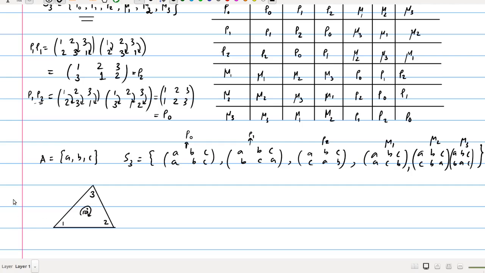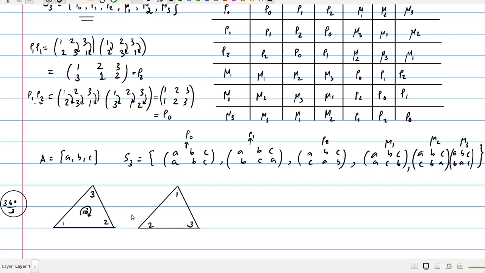This 120 is obtained from 360 divided by 3, because this triangle has 3 vertices. We get the angle 2 pi by 3, that is 120 degrees. When you rotate this 120 degrees, you will get an identical triangle with vertices like this.